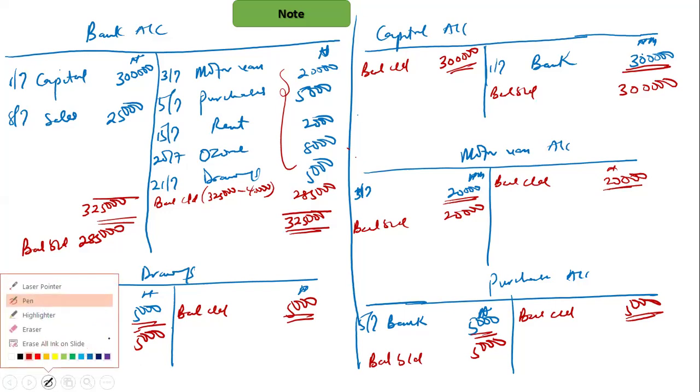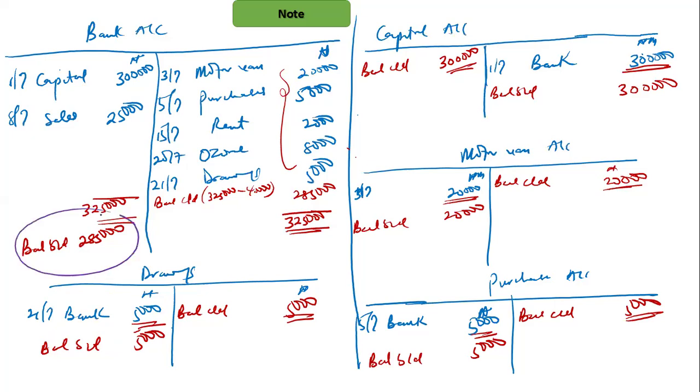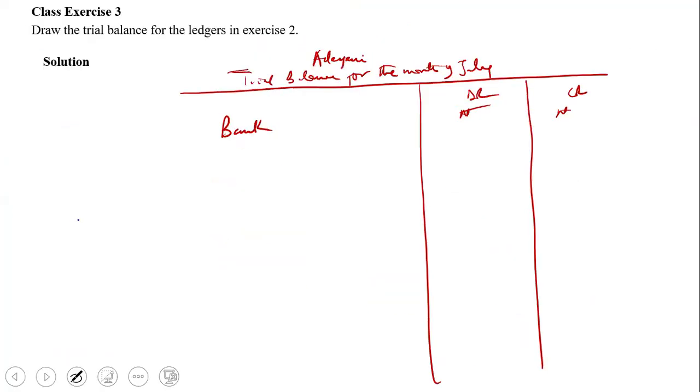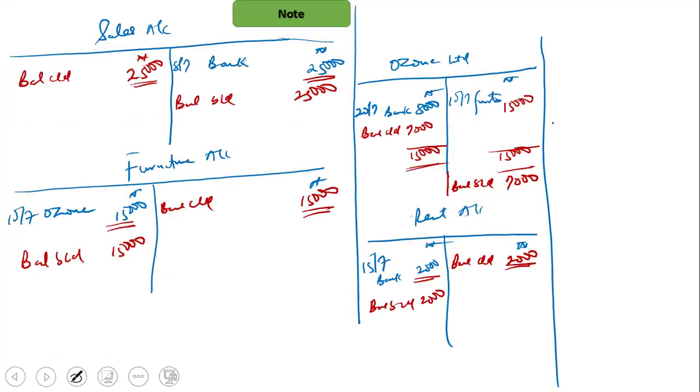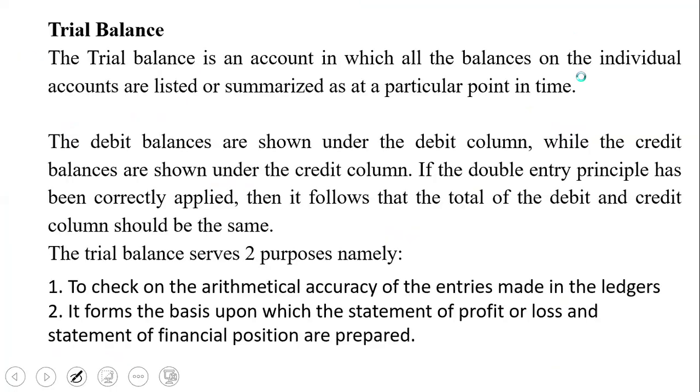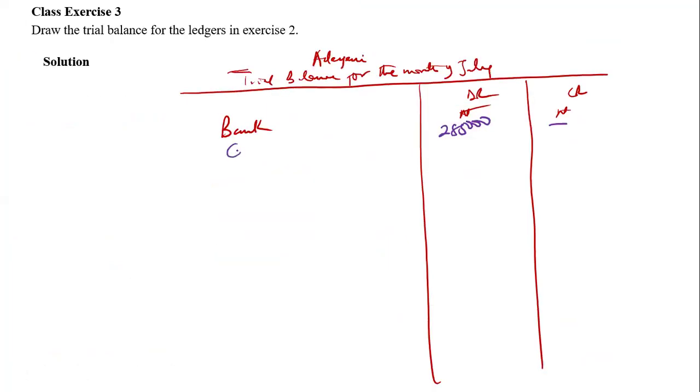which is our account, is having a debit balance of 285,000. So I take it to the debit side, 285,000. That's the first one. What's the next item? It's on the credit balance. So capital, the value goes to the credit side.